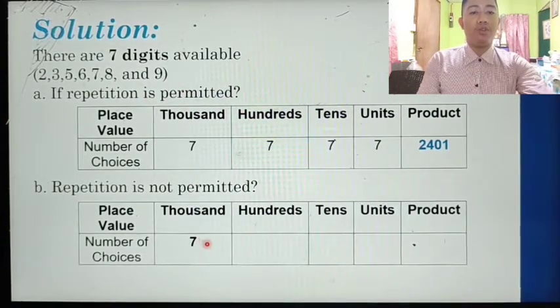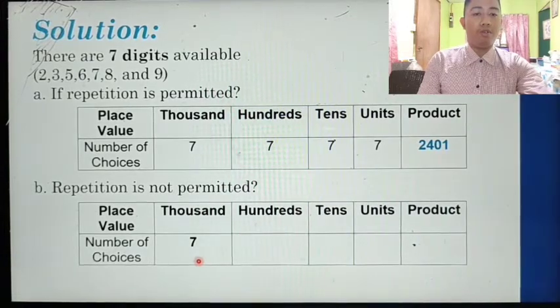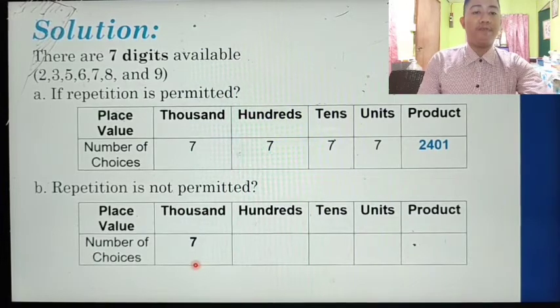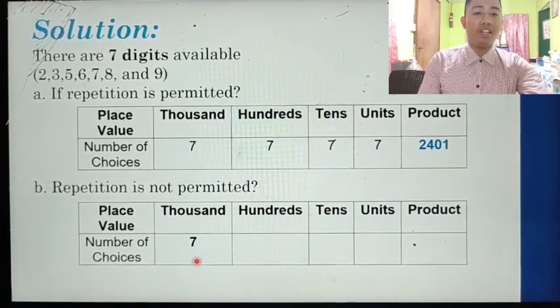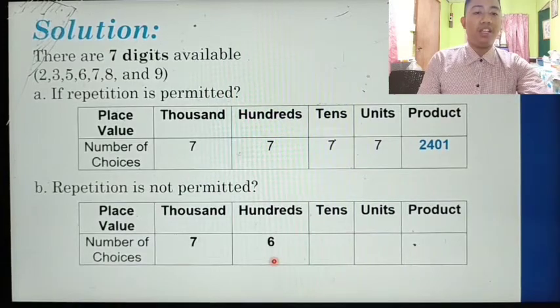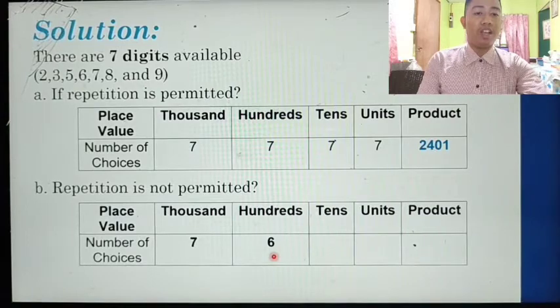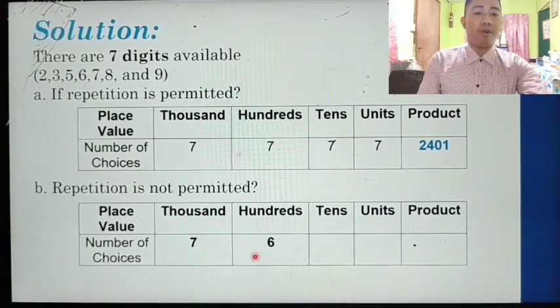So once you choose any digit to put on the thousands place, it cannot be used again and over again. So except the digit you have already chosen, there are only 6 because repetition is not permitted. So if one digit has been chosen, on the hundreds place there are already 2 digits mentioned.